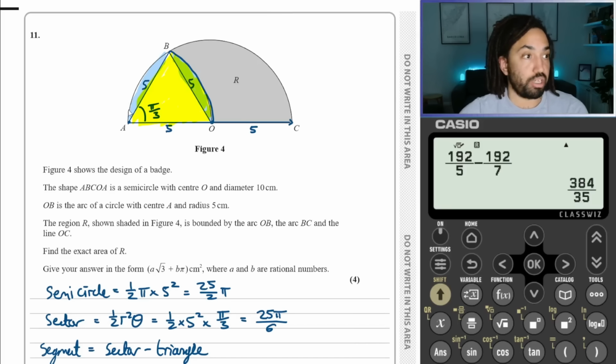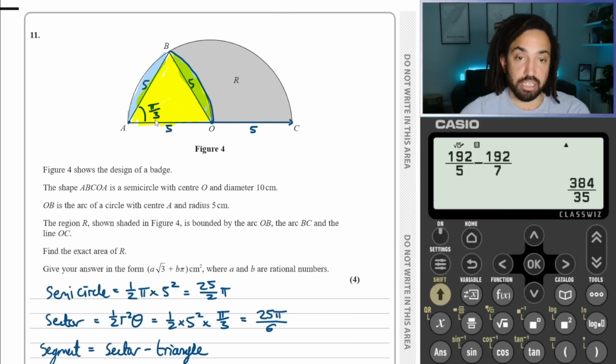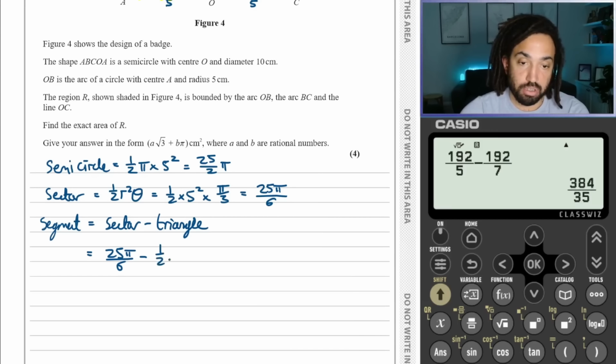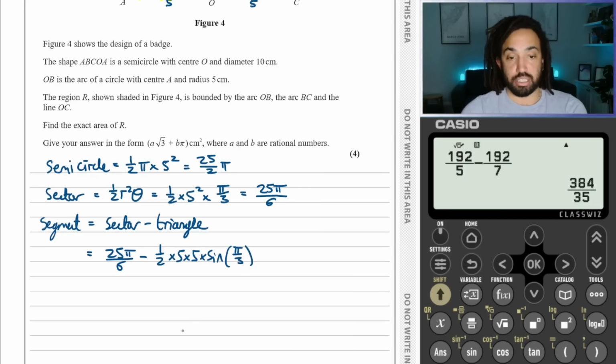Now for the triangle we're going to use a half ab sine C. So as long as you have two sides with the angle in between them, then you can use that formula. So we do have two sides, we've got the 5 and the 5, and we've got the angle in between them. So it's going to be a half of a times b times by sine of C, which is the angle in between the two sides, like so.